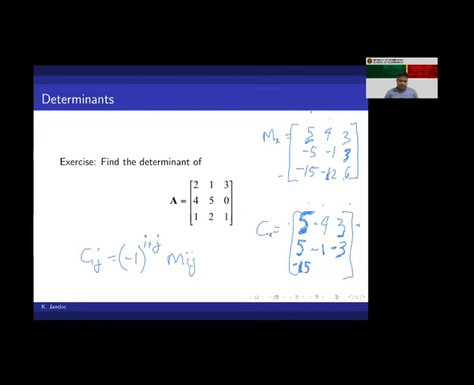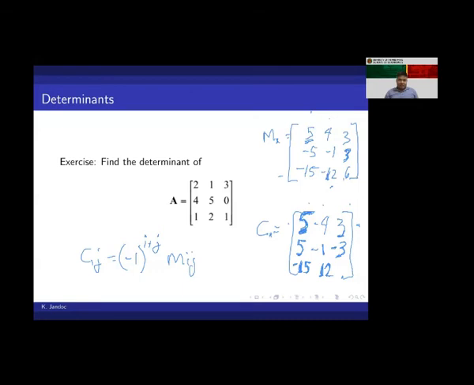And then here, negative 12. And this entry over here, negative 12. But the location is in row 3, column 2. So 3 plus 2 is 5. So the signs actually flip. So it's now positive 12. And here, in this entry, the minor is 6.